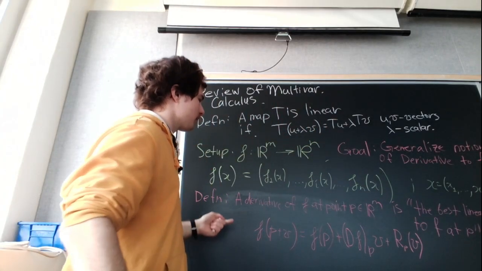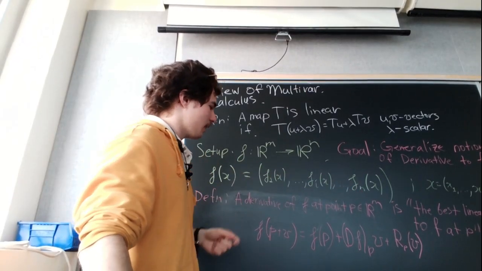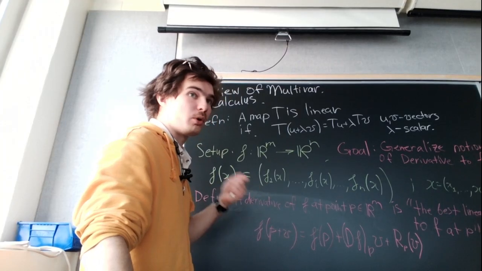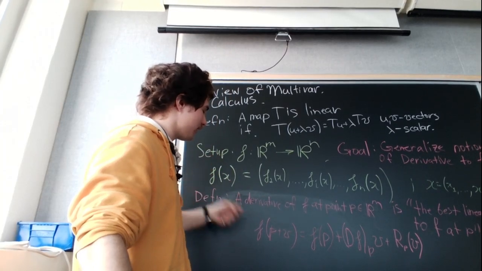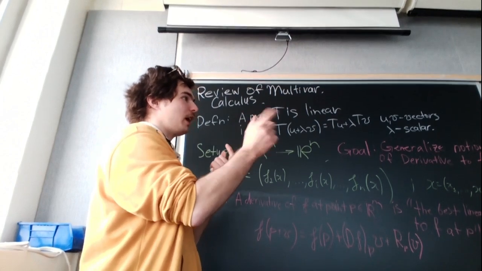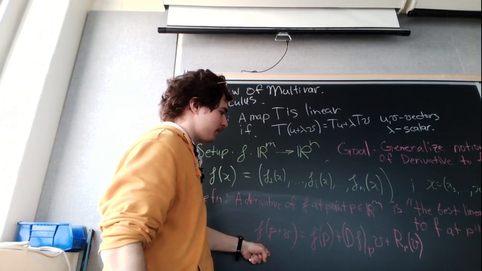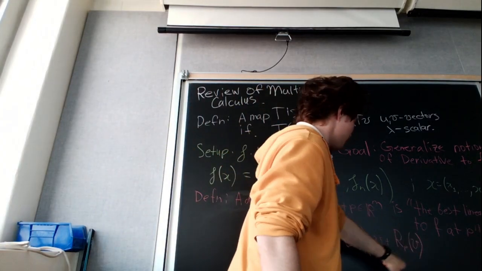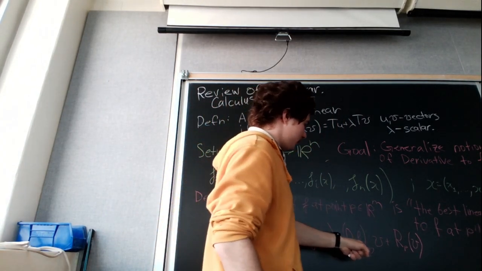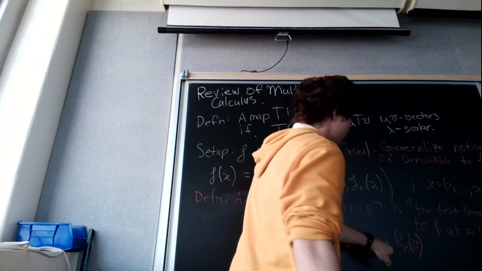I mean that if I take f at the point p and write f at p plus v, I look at some change away from this point p. Then the value of the function can be written like this, where f of p is just the value of the function at p, df of p is our best linear approximation applied to v, plus rp of v.